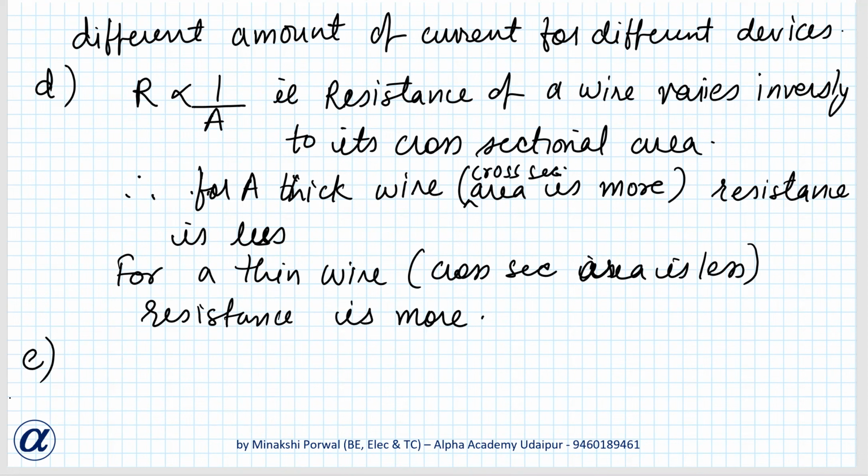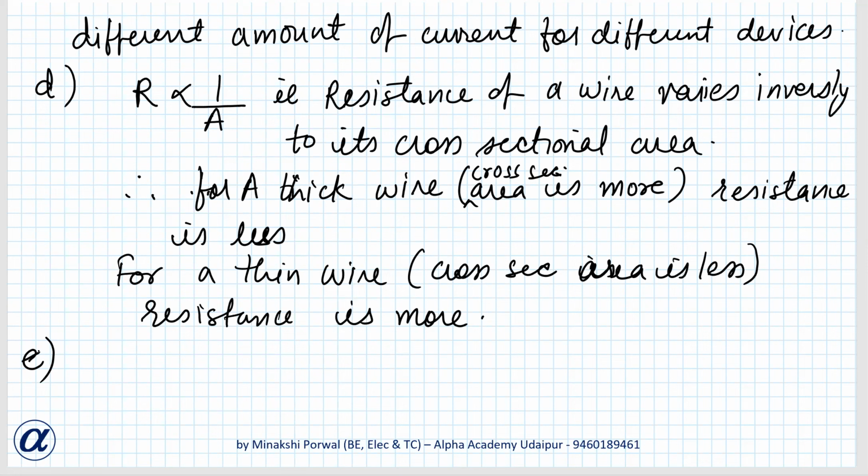Next, last question. Why are copper and aluminum wires usually employed for electricity transmission? Can anybody tell? Okay, Mudit, yes, tell. Ma'am, because these two wires have very low resistance. Yes. So copper and aluminum wires possess very low resistance.